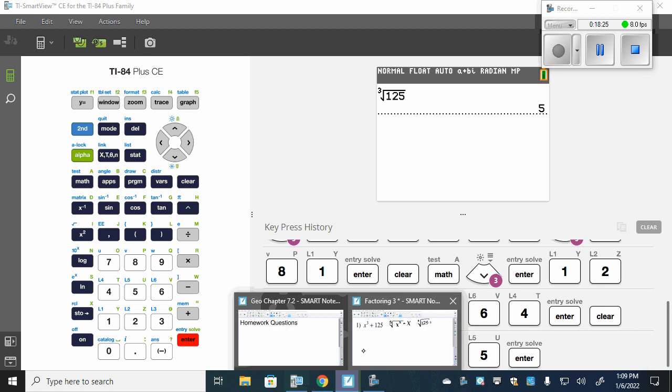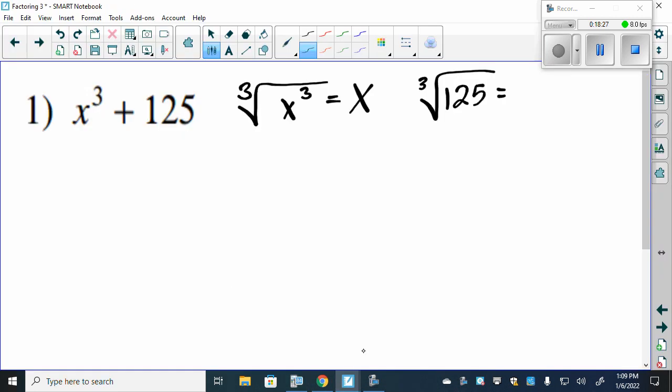So here, the cubed root of 125 is 5. So that tells us that this is the sum of perfect cubes. And we can actually factor this. So we can go on and set up our parentheses.